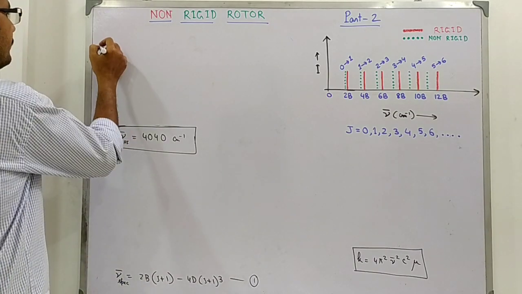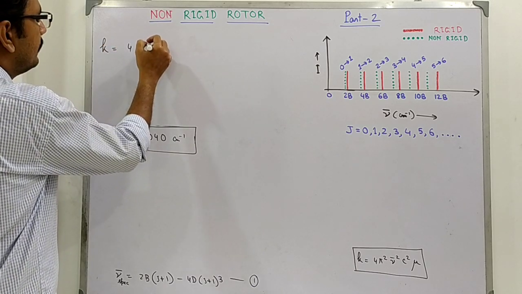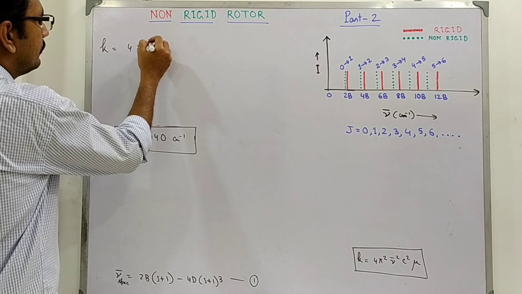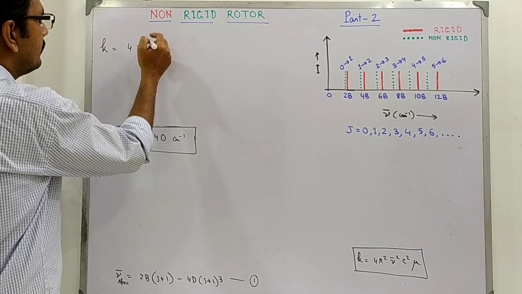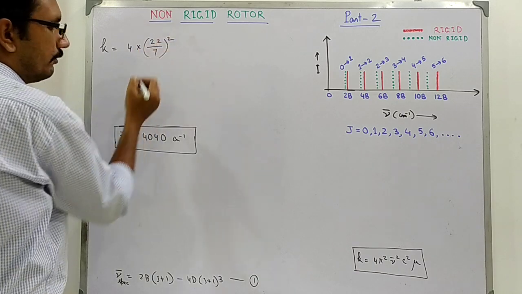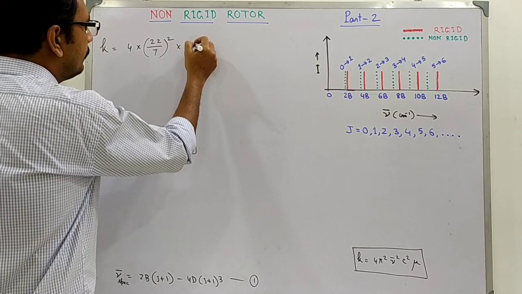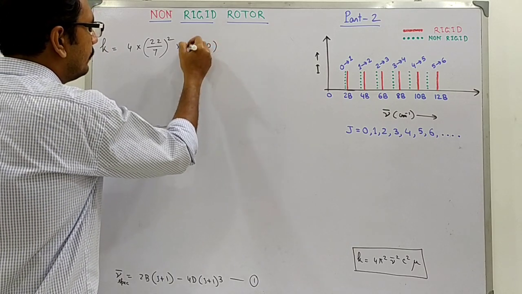So, what will be the value of K? This is 4 pi square, meaning 22 by 7 whole square, and nu bar square is there, so 4040 square.